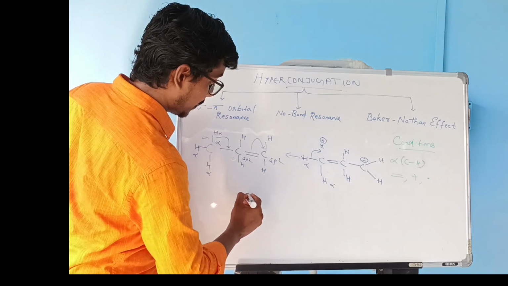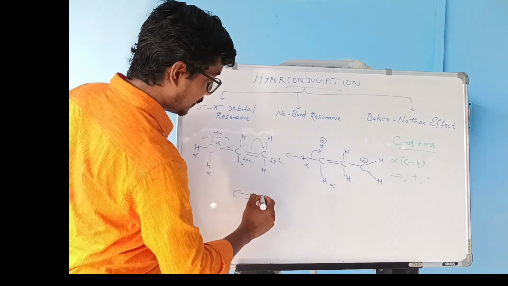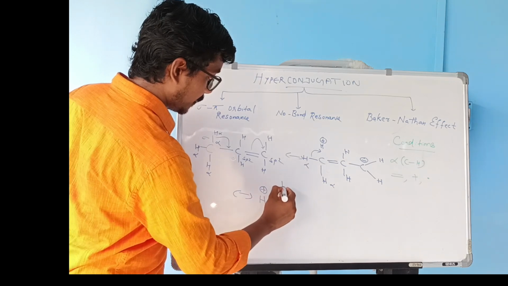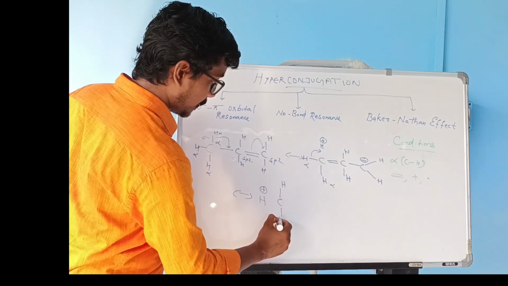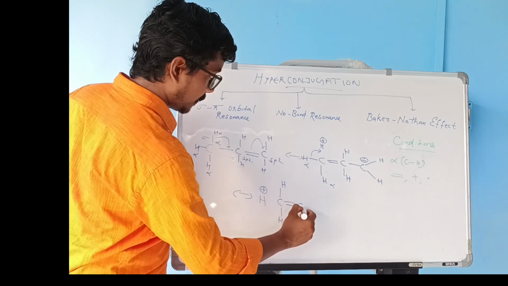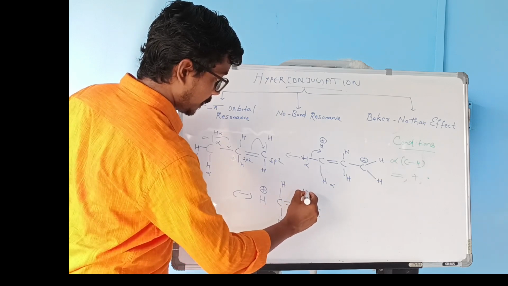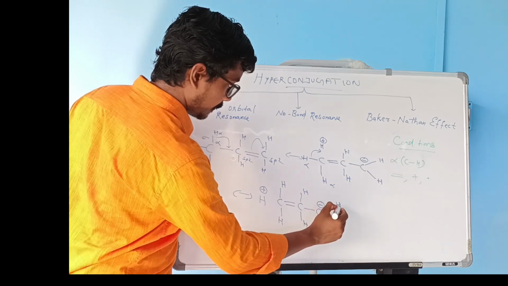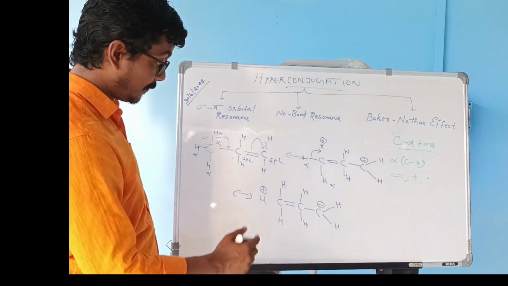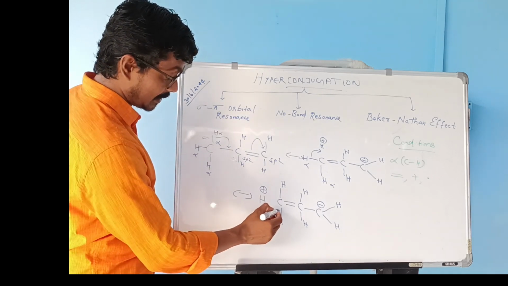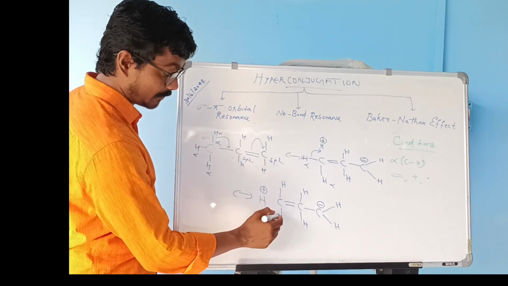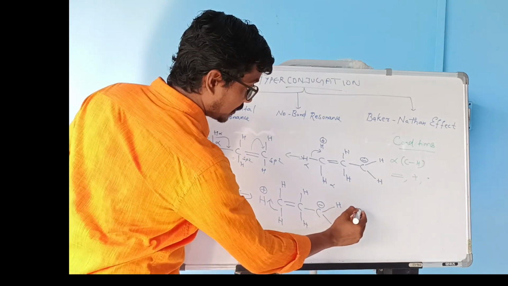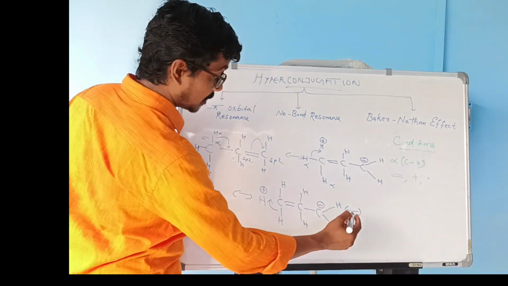As a result, what will be the next structure? This alpha hydrogen will release its electrons towards here, resulting in another canonical structure.